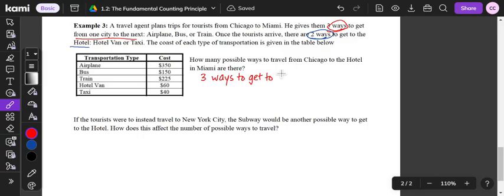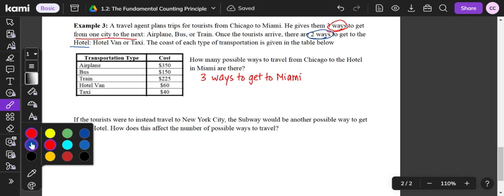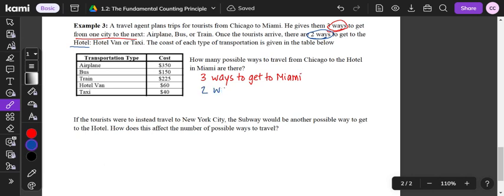Or sorry, to Miami. And we have 2 ways to the hotel. All right, so for a total of 3 times 2 equals 6 possible ways.